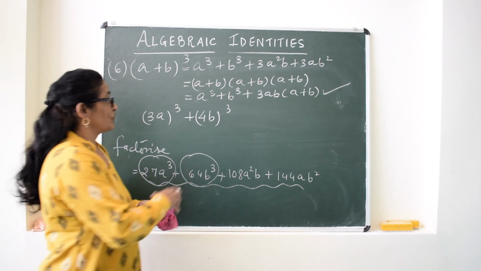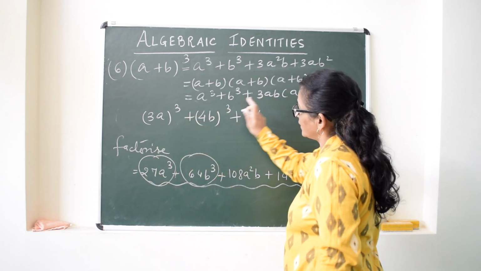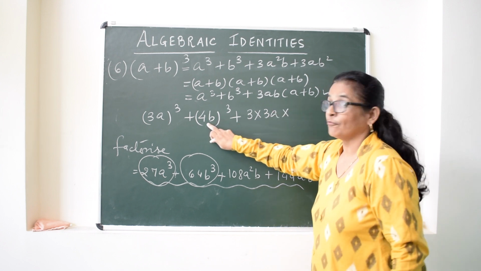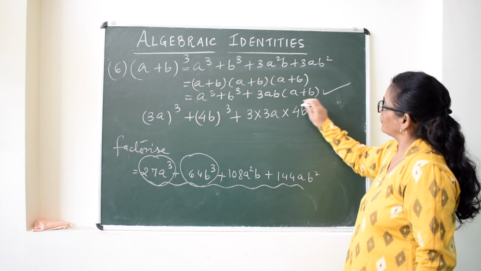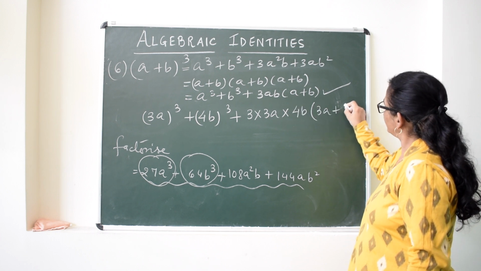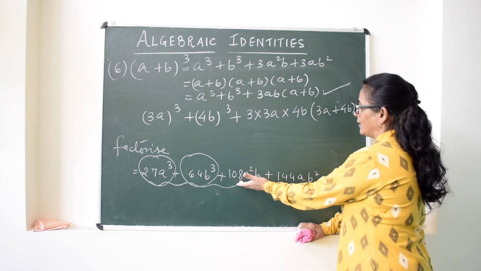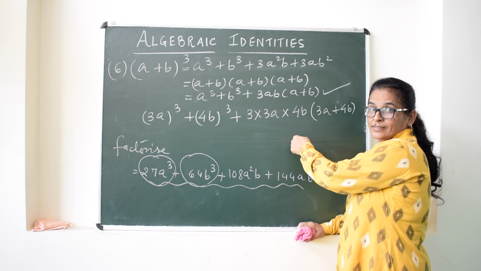Now plus. Simply you have to write it in this form. First quantity is 3a. Second quantity is 4b. So in the bracket it will be first quantity plus second quantity. Otherwise, you have to find out the common factor and write that. The simpler way is this.